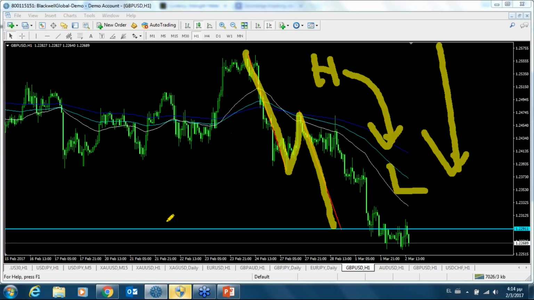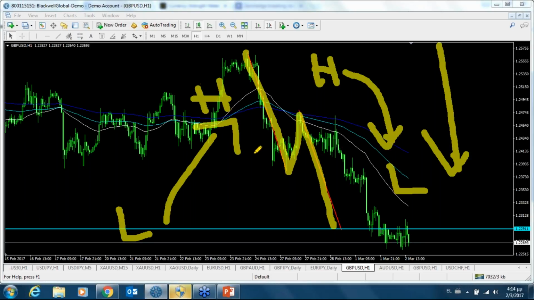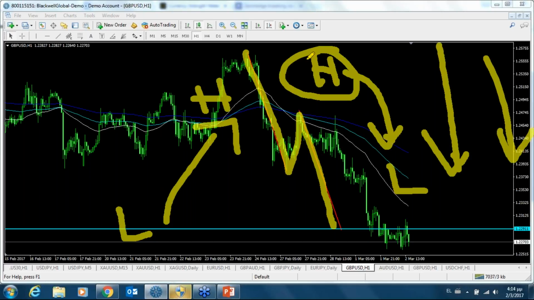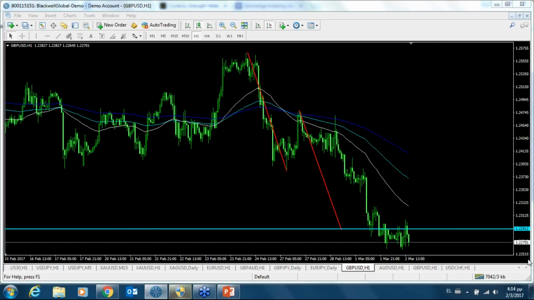If my trend is up, I pull from low to high. At this stage, GBP/USD is giving me a downtrend, so I'm supposed to be pulling from high to low, not from low to high. Okay, so let's clarify that one.